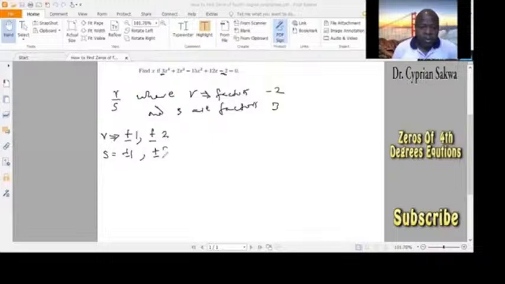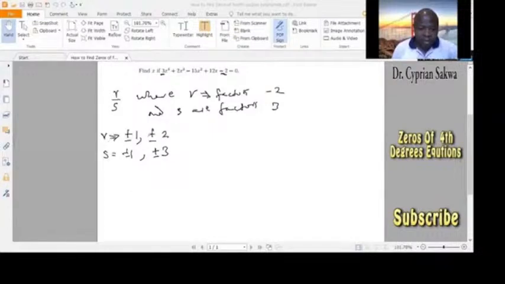So we have our possible r and our possible s. So what are our possible roots? If this equation can be factorized, then one of its roots must be one of the following.